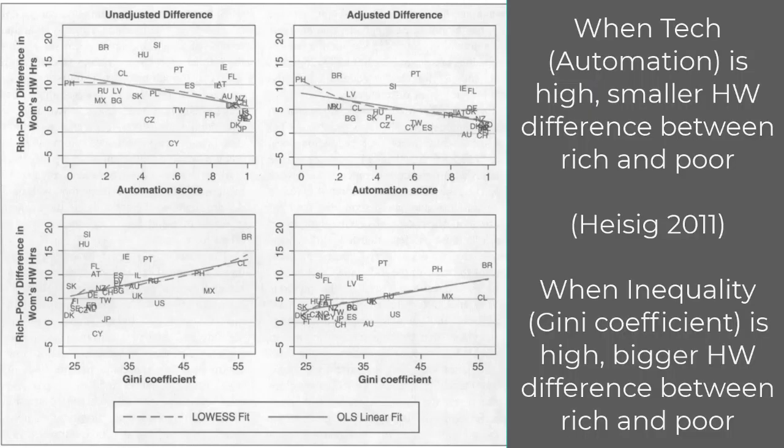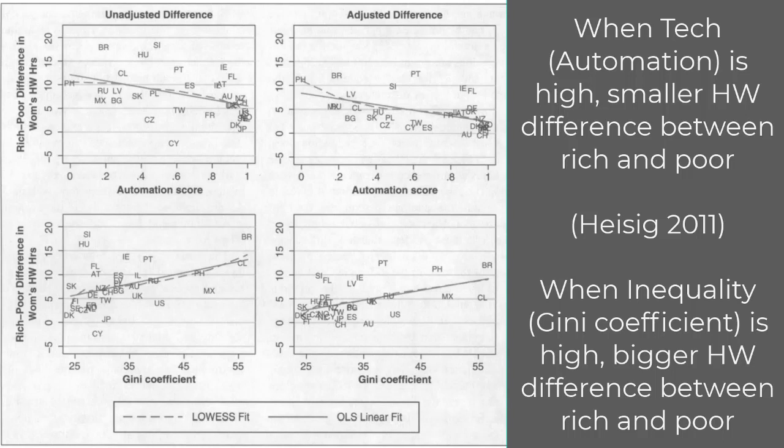So we're looking at the average values for different nations, and we can look at both the amount of economic development and then we can also consider the question of inequality. So the graphs on the top are talking about automation, this technology score.